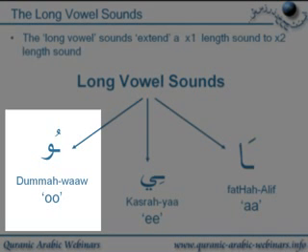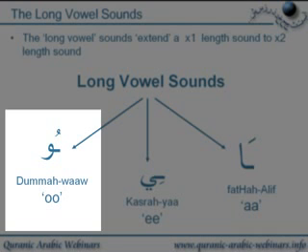And the third one is known as dummah-waaw. So if you have any letter with a dummah followed by a waaw, which again does not have its own sound, it will either have a sukoon or it will have no sukoon at all, i.e. no other sign on it, depending on the script you're looking at.